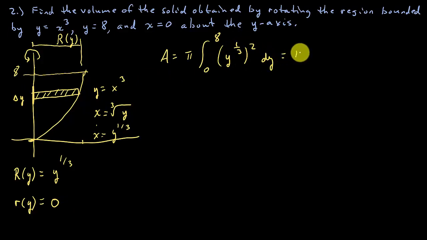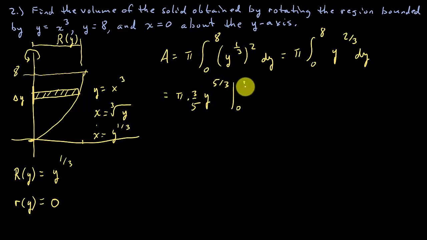And so this is going to be pi from 0 to 8, y to the 2/3 dy. All right. So now let's integrate this. That's going to give me pi times y to the 5/3, and then I'll multiply by the reciprocal of that, from 0 to 8.